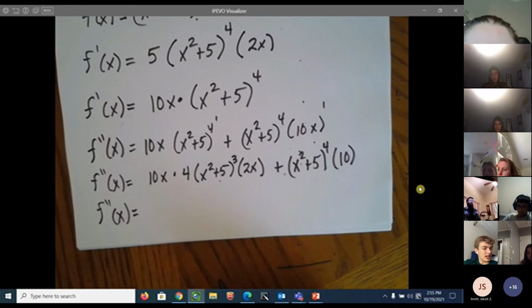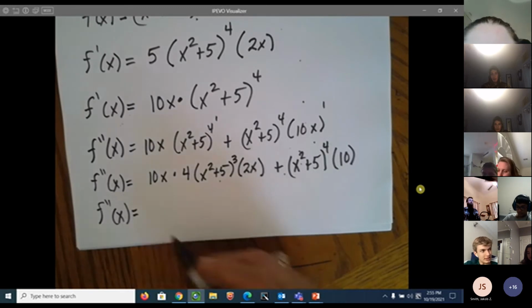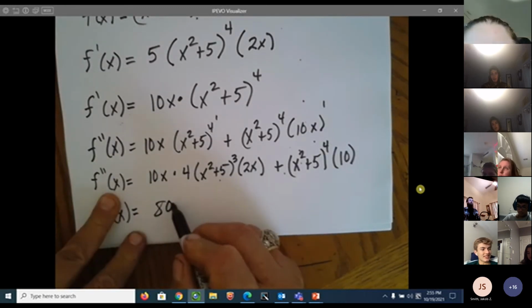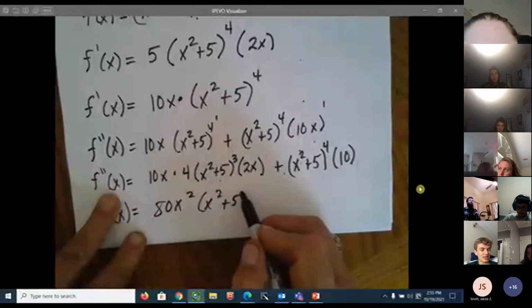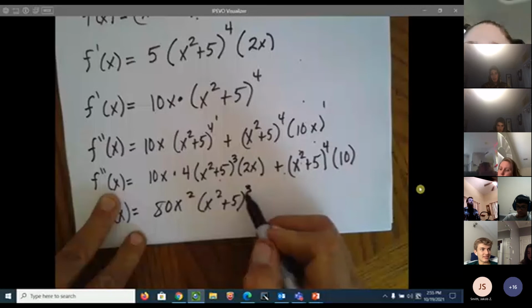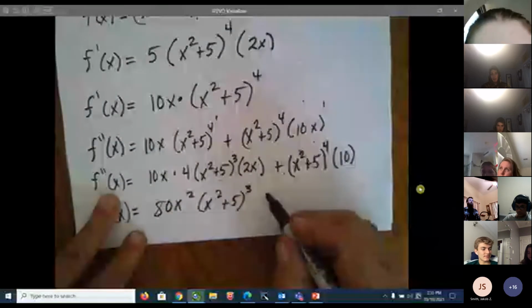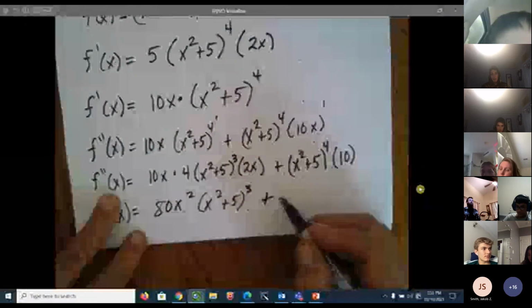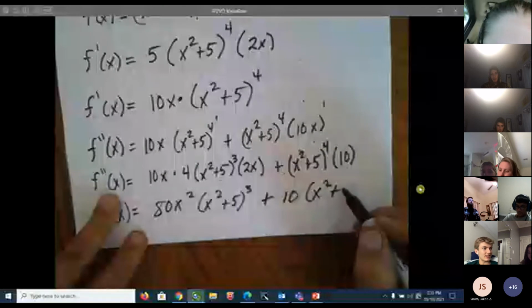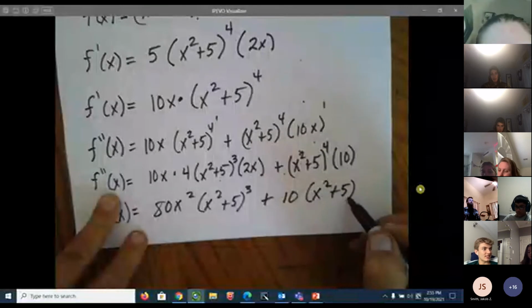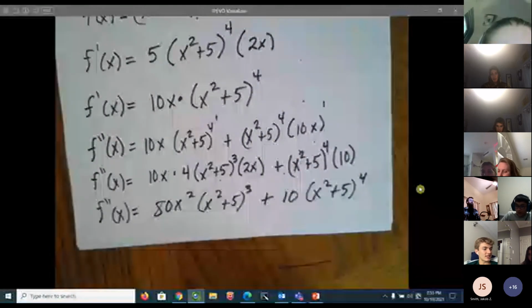X times x is x squared. I got 80x squared times (x squared plus 5) to the 3rd power plus 10 times (x squared plus 5) to the 4th power. Huh.